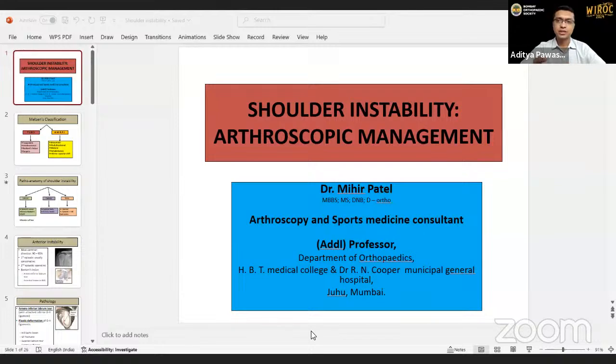What we need to assess is the engagement of the Hill-Sachs lesion. And that's when I would ask an assistant to just lift off the traction weight. So that eases the stress on the shoulder, and then try to put the shoulder into an anterior and upper position, just to see if that lesion is engaging. So that is one occasion where I would dynamically test the shoulder.